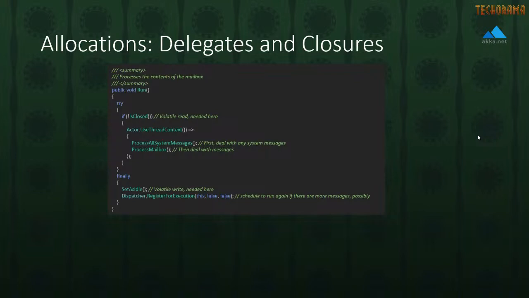One really nasty source of allocations in really busy parts of Akka.NET, as it turns out, is delegate allocations. So this is the mailbox run method. This method runs billions of times per second in benchmarks like remote ping pong, for instance. It's part of the critical path of actor message processing, so this is a super high performance area of Akka.NET.